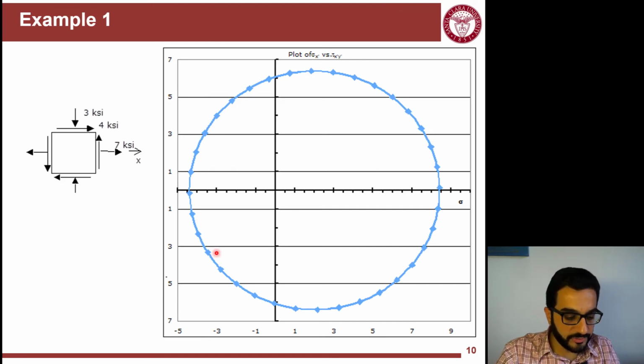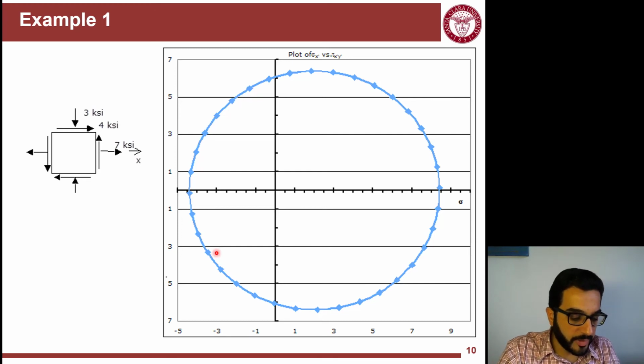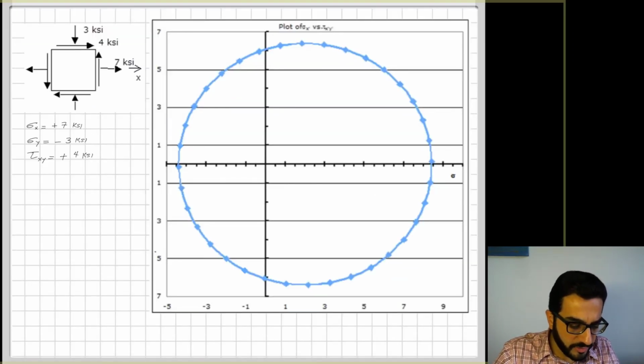So let's go back to this circle here and try to understand it more by looking at it as really a circle and trying to see where the principal stresses and maximum shear stress are happening. So here is the circle, and I summarize the block of stresses here as values for sigma x, sigma y, and tau xy.